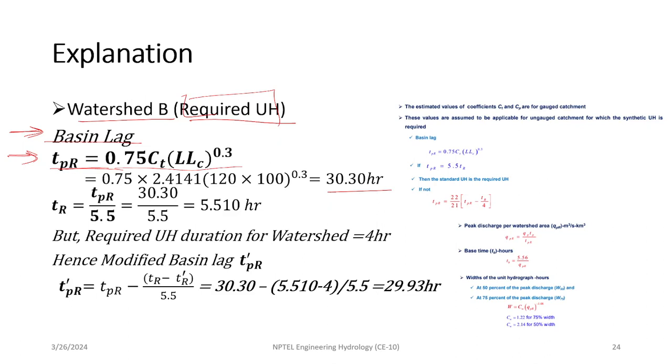So we have to put the CT value of 5.25. Yes. Let me compute. 5.25, L is okay. We used to do 120 and 100. Okay.